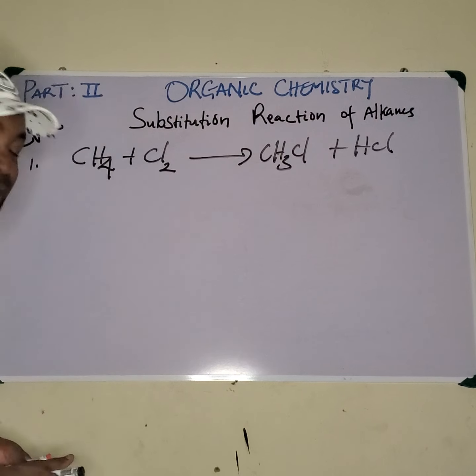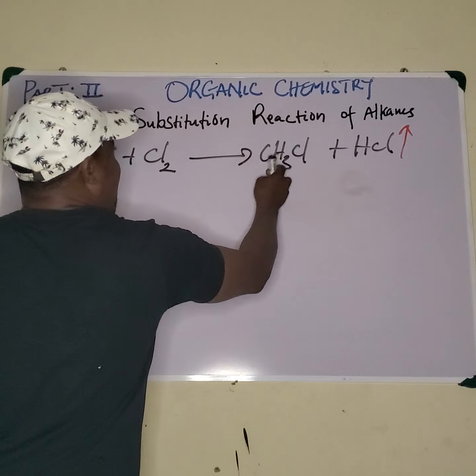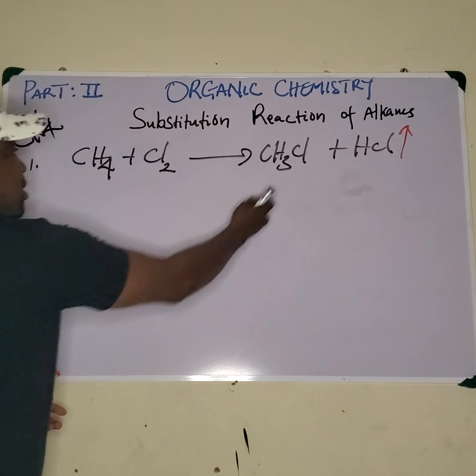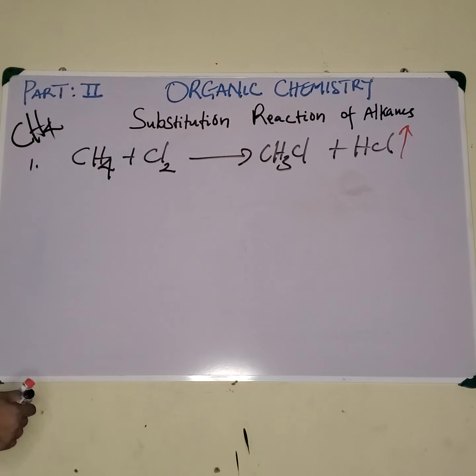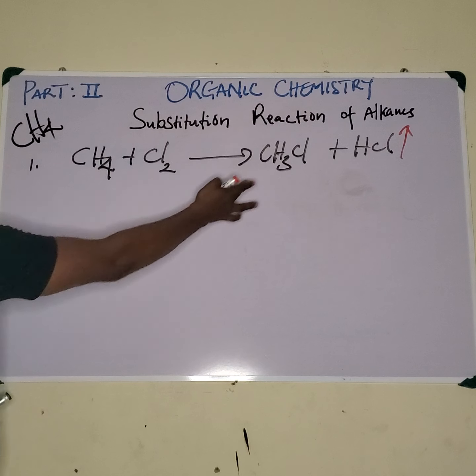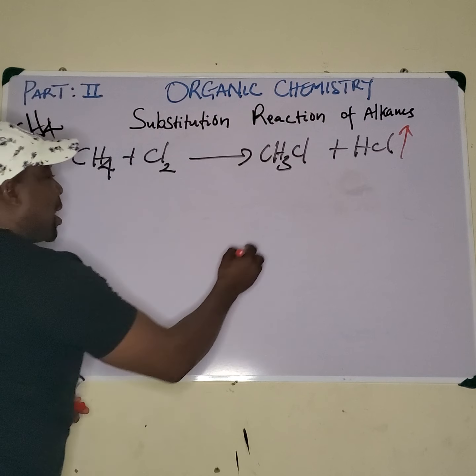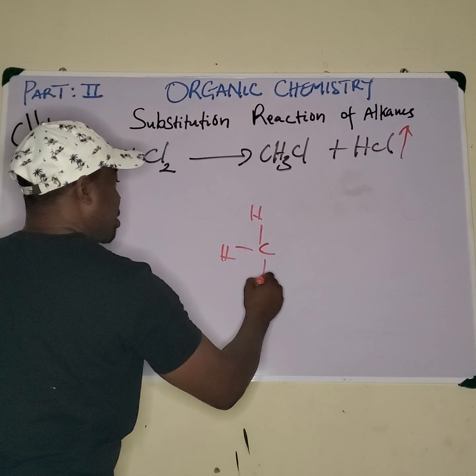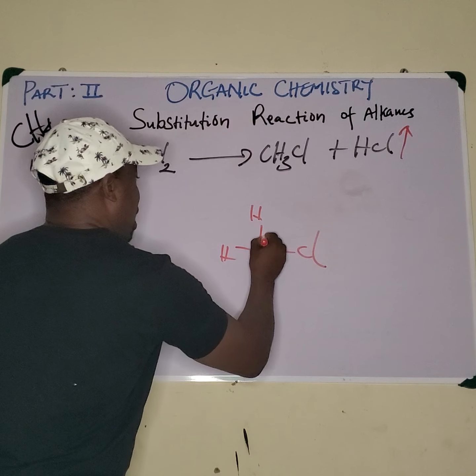HCl is always liberated. So here we have this compound known as chloromethane. If I want to demonstrate the structure of this compound, it will become C, H, H, H, Cl. Now I want to name it.